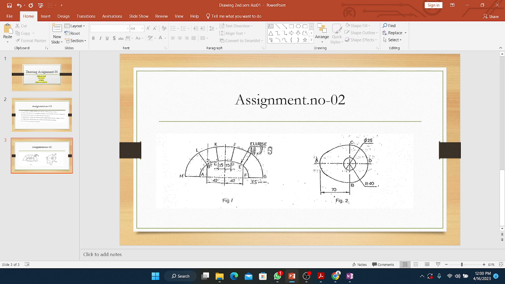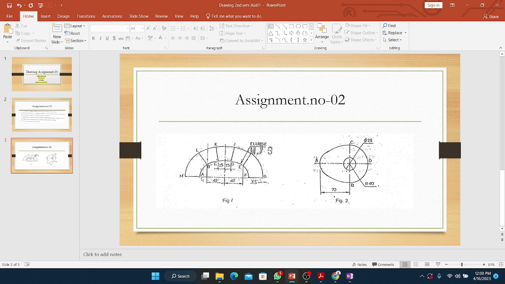First of all, you can draw this ellipse shape by using any known method. There are 4 methods to draw that one. The easiest way to construct this one is the concentric circle method, which I am proposing.